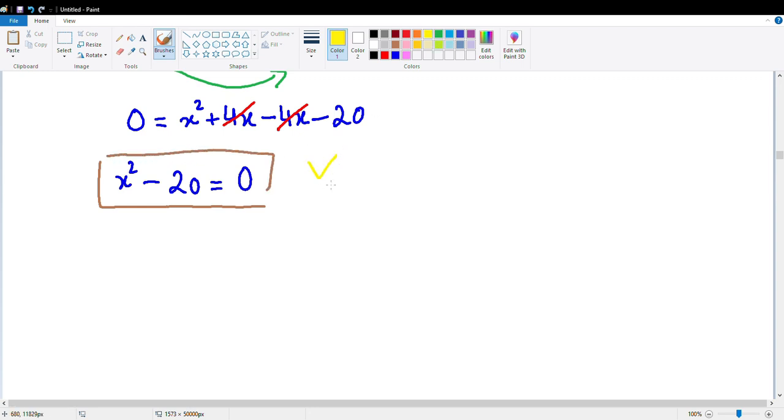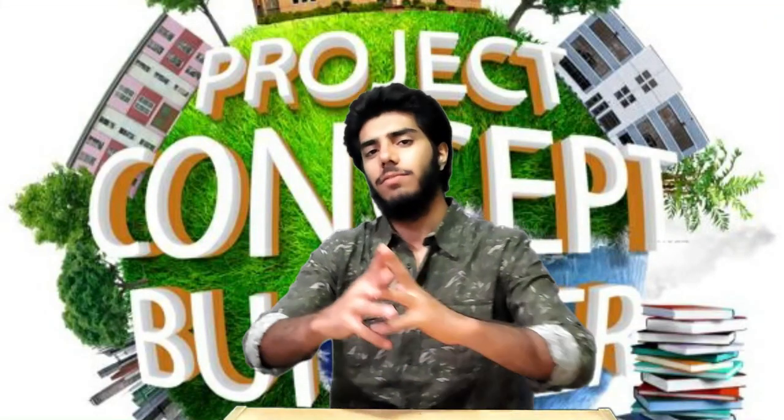So we're going to write one tick for standard form. Yes, it is in standard form. And another tick for a pure quadratic equation. Let me just write it. A pure quadratic equation.